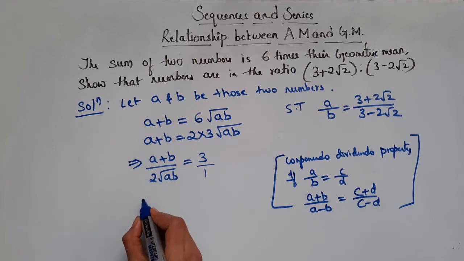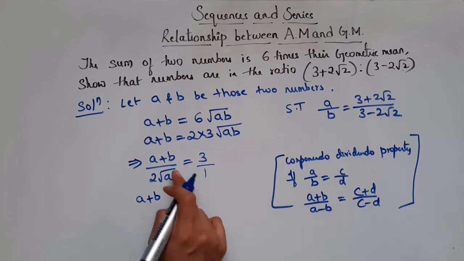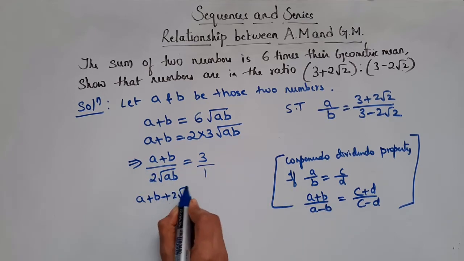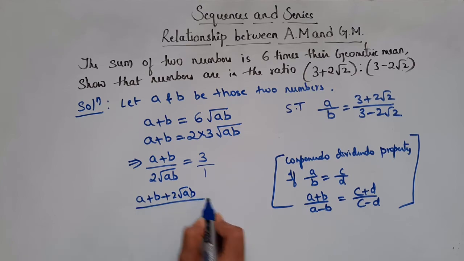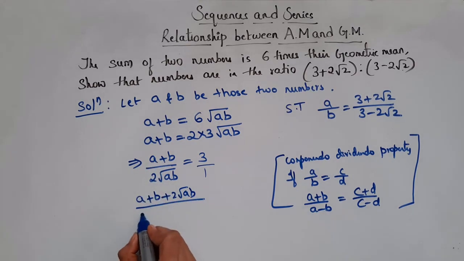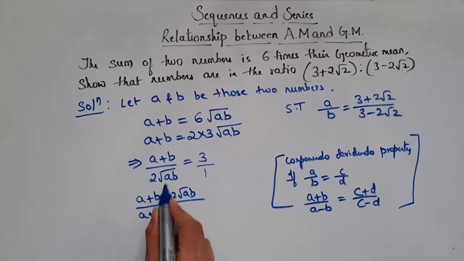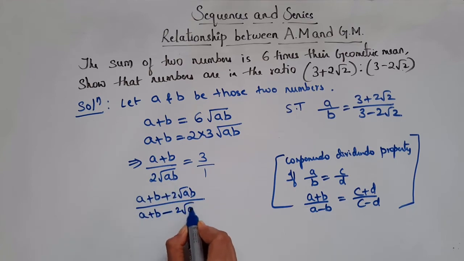So your equation will be a plus b plus 2 root ab by a minus b, where a plus b minus b is 2 root ab, right?